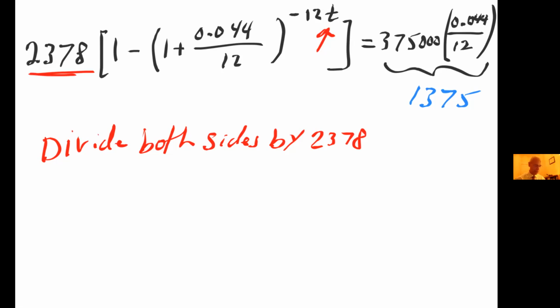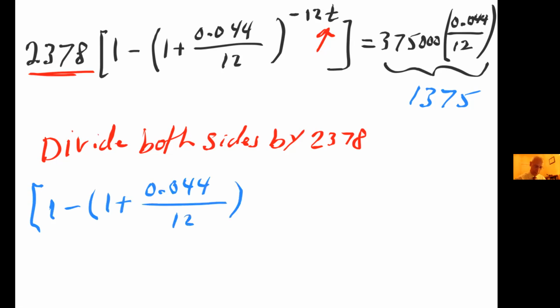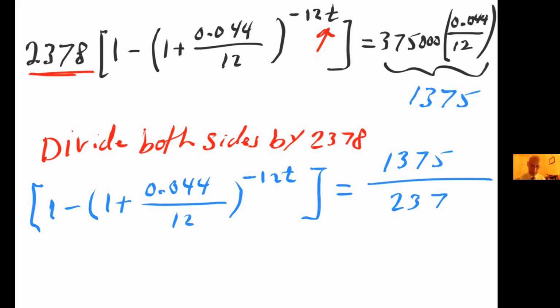On the left-hand side, I'm going to be left with 1 minus (1 plus 0.044 over 12) to the power of negative 12t, equals the right-hand side, 1,375 divided by 2378.